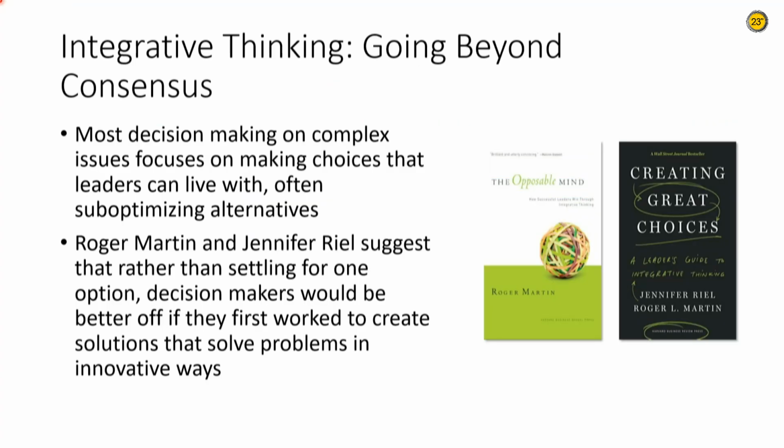Well, luckily, we have some really useful work by Roger Martin and Jennifer Riel, who in these books, Creating Great Choices, and Roger's earlier book, The Opposable Mind, suggest that there are ways in which groups can be much more effective in making decisions on the kind of complex questions that are facing all leadership groups, not just healthcare groups, but all leadership groups in the current environment.